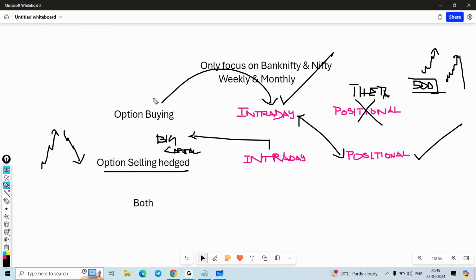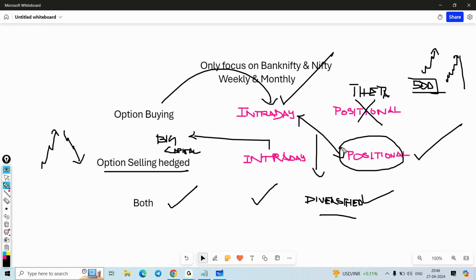Both are always welcome. Why I'm doing both is to make sure my capital is diversified. I am not dependent only on option selling edge positional, and I am not only dependent on option buying intraday.